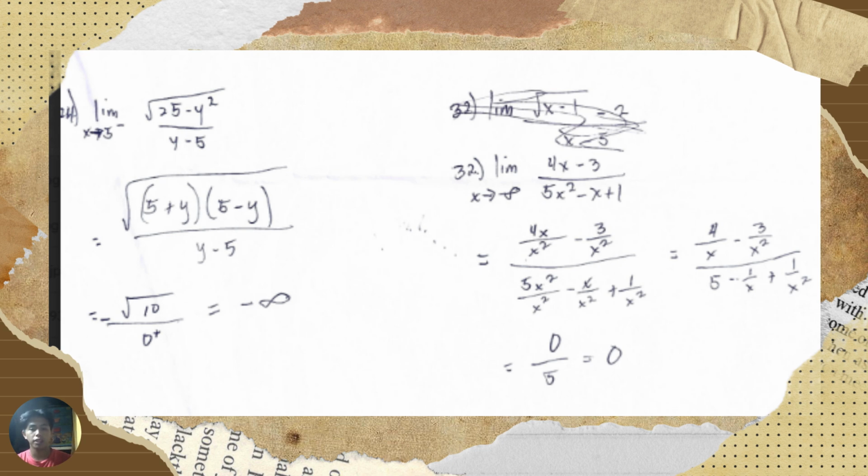So 4 over x, substituted with 0, minus 0, equals 0. And then 5 minus 0 plus 0 equals 5. Since 0 over 5 equals 0, therefore the limit of this equation is 0.